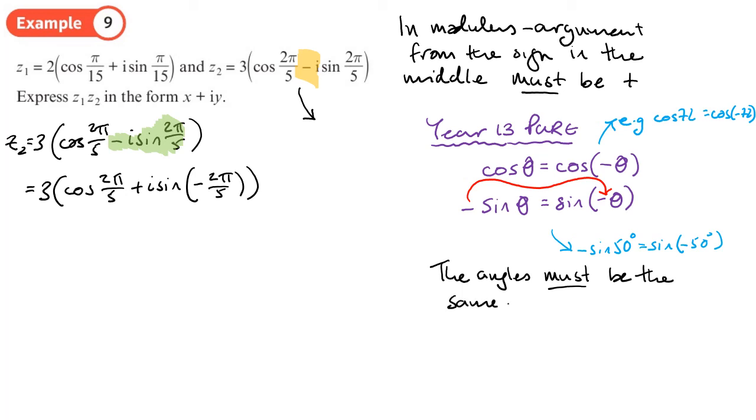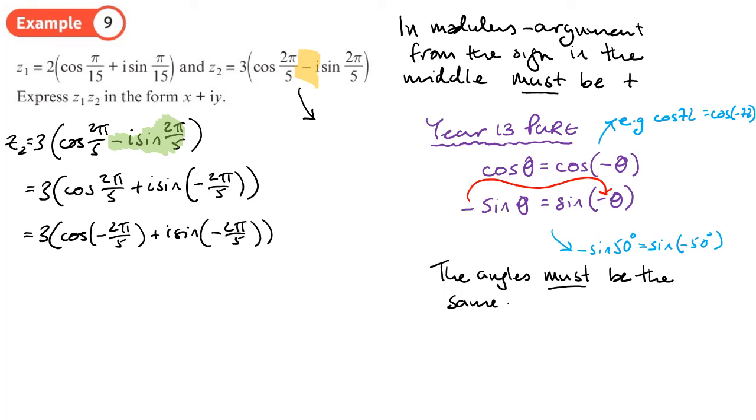So what we need to do is change this angle here so it matches that one, and we can use this identity to do it because a negative angle and a positive angle are equal. So I can change that to a negative angle. So what I now get is 3 cos negative 2 pi over 5 plus i sine negative 2 pi over 5. There we go. It's now in the right format.